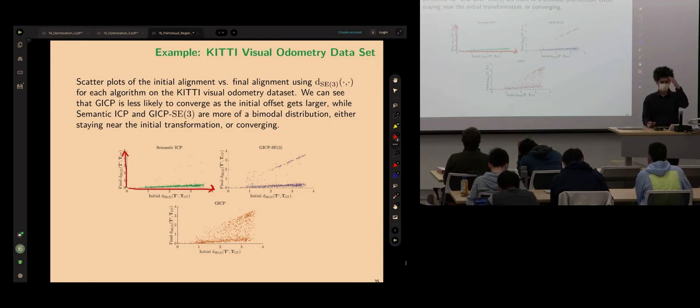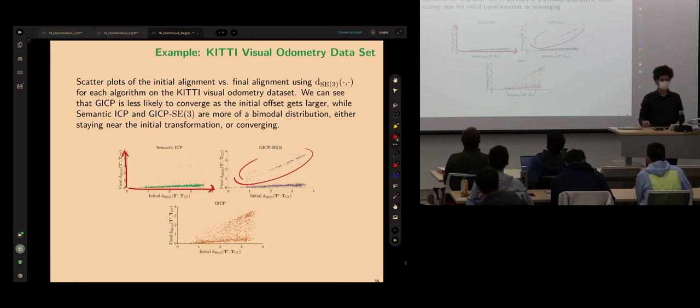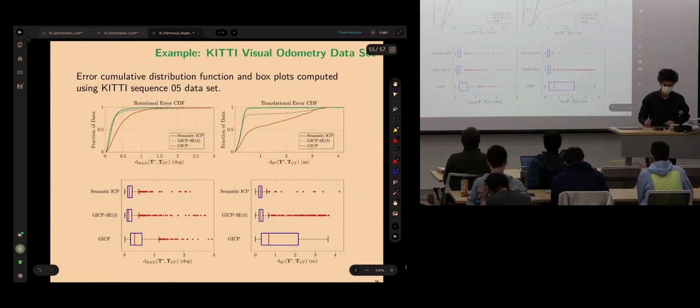You want this not to be like this, because the final distance between the ground truth and estimated is large when it's a line. You want it to be lower. It's easier plots to understand. The CDF plot versus error.